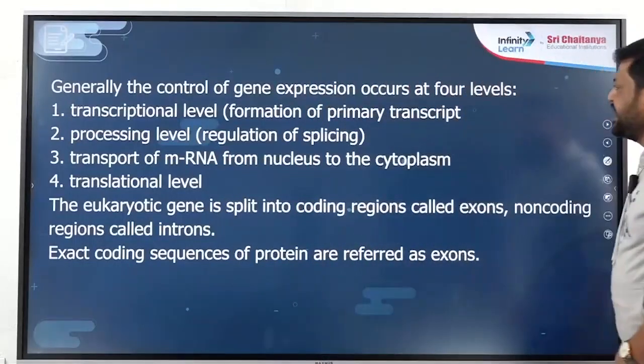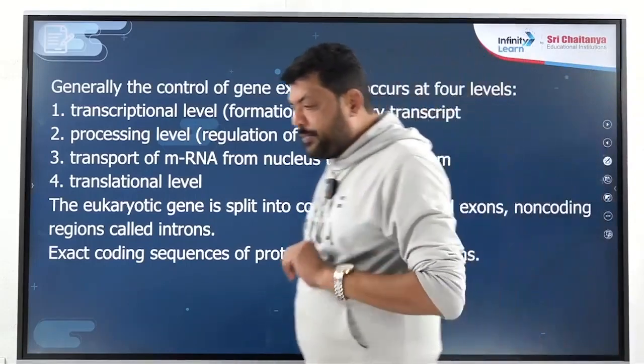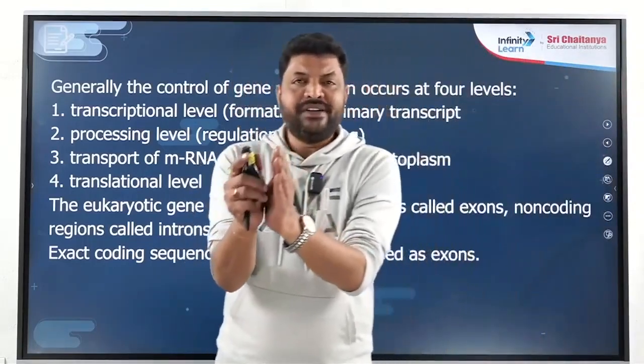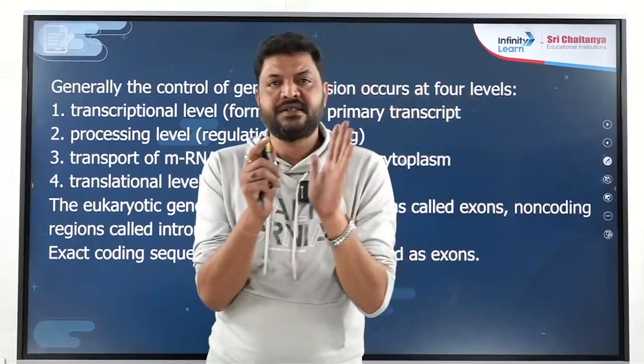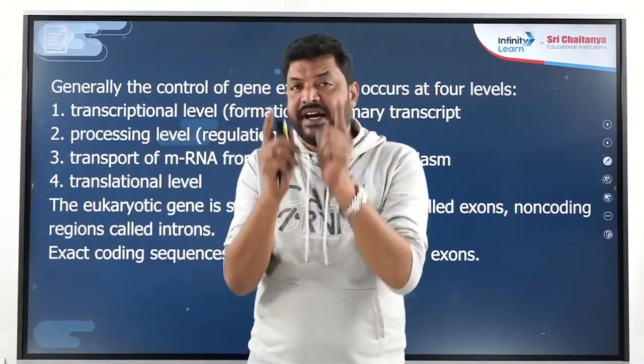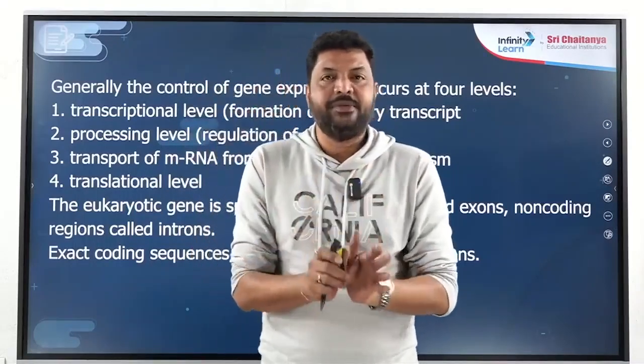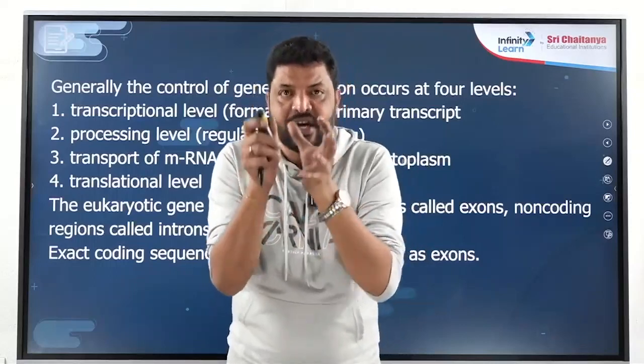Generally, gene regulation is controlled at 4 levels. You know very well housekeeping genes and structural genes. Housekeeping genes require no regulation. Structural genes require regulation. They have to be switched off and switched on at certain times. This is called gene regulation.